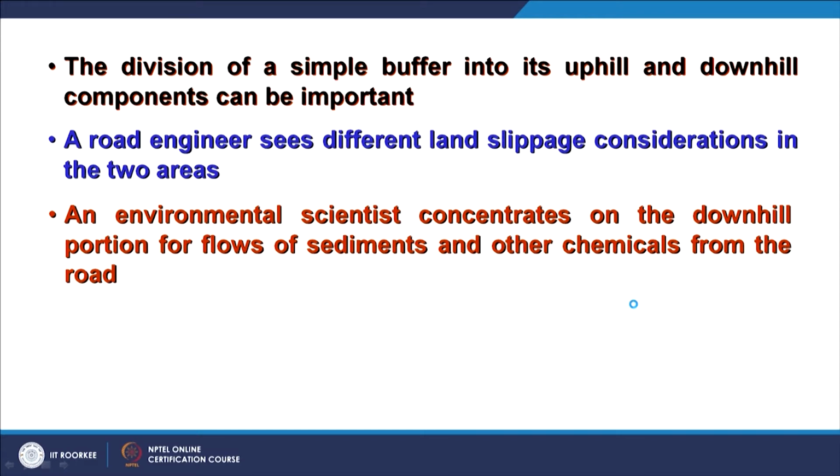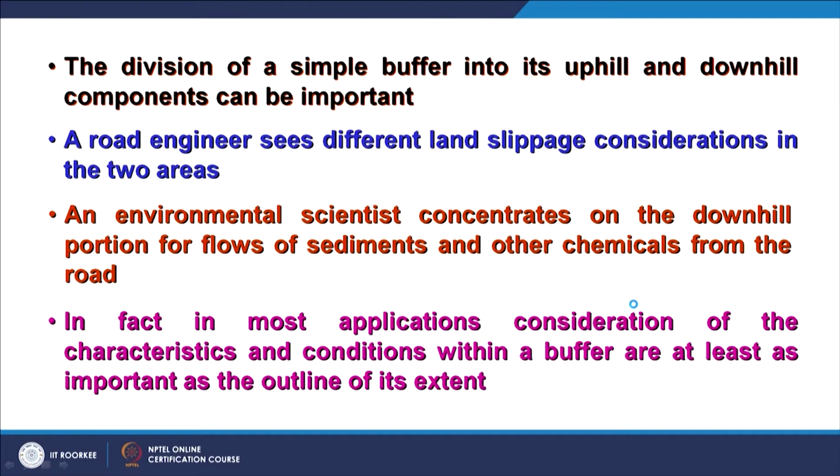Environmental scientists, whereas, would be concentrating on the downhill portion for the flow of sediments. Same with those who do soil erosion studies, and the same may be the hydrologists who are looking at how the water is flowing and how much sediment it is carrying. So, this is downflow and slope analysis, and other chemicals or elements in the water might be there.